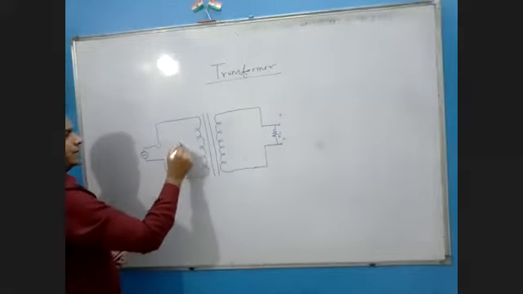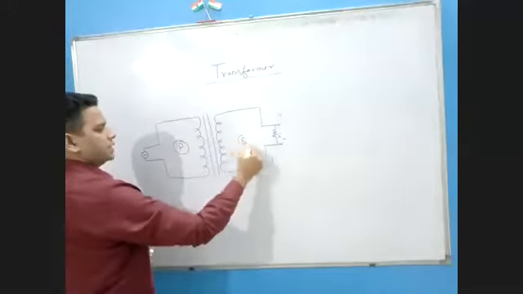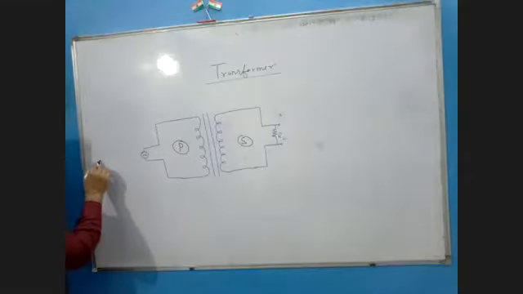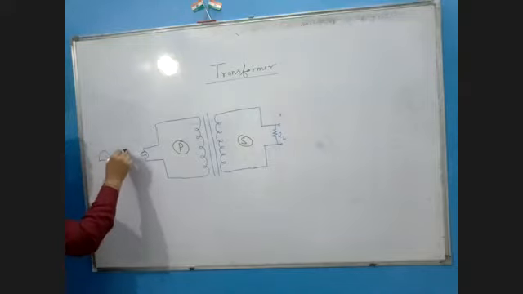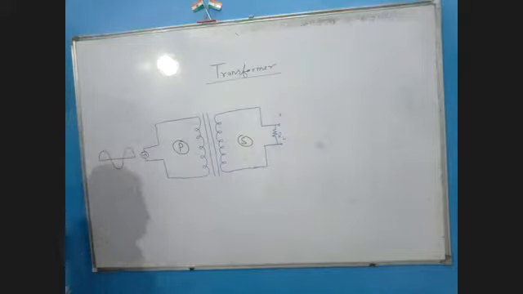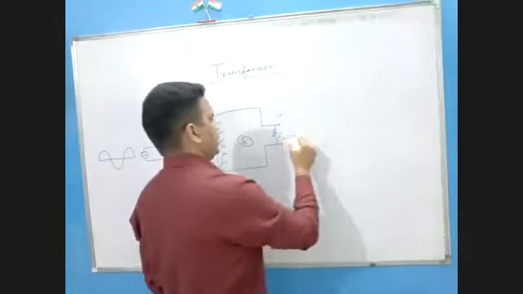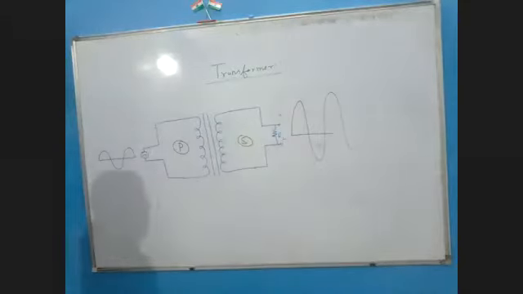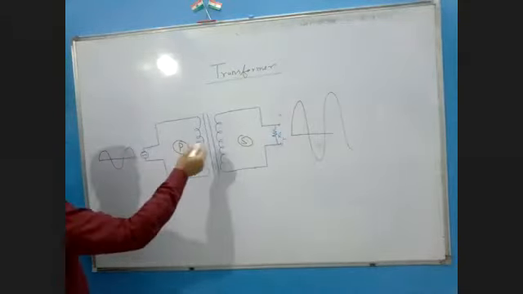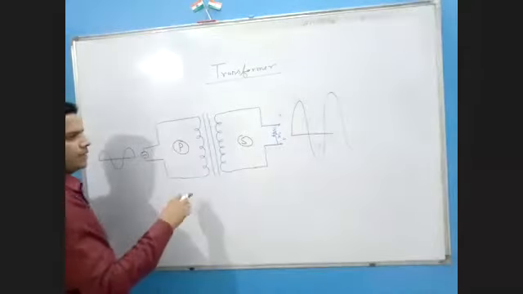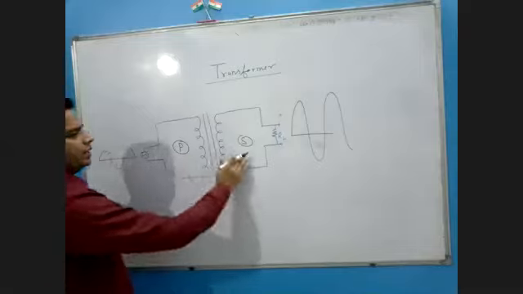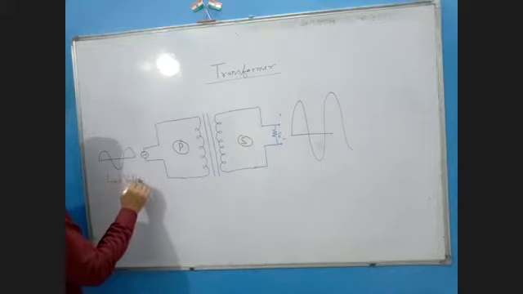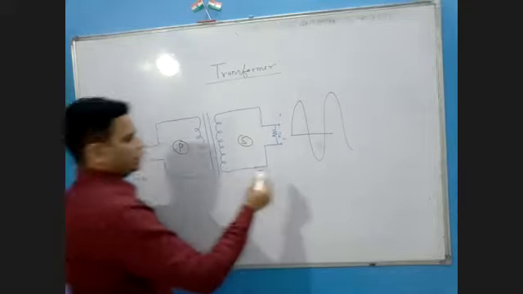This is known as the primary coil and this is known as the secondary coil. From the primary coil, we apply the input AC, and from the secondary coil, we receive the output. Let this be a transformer converting low voltage AC into high voltage AC.